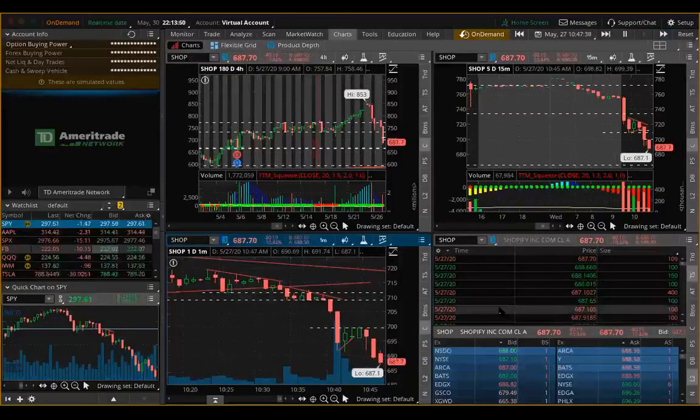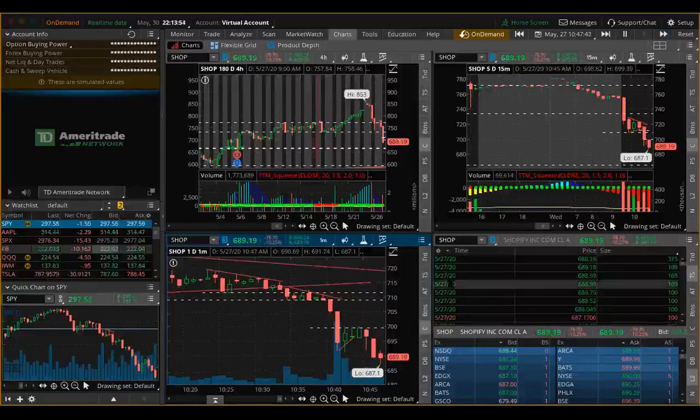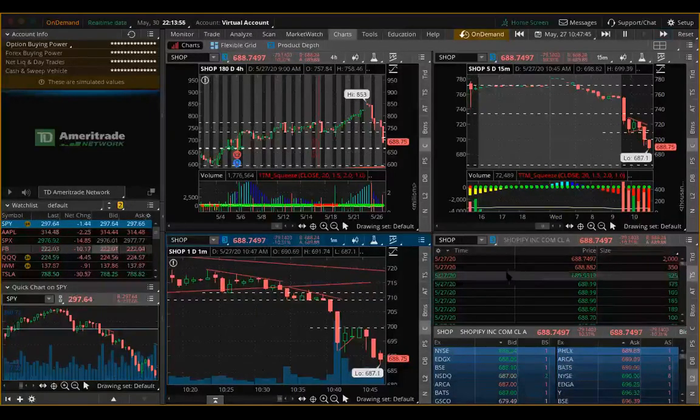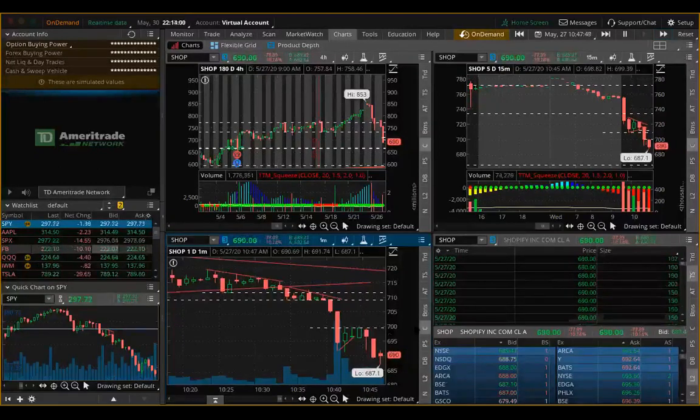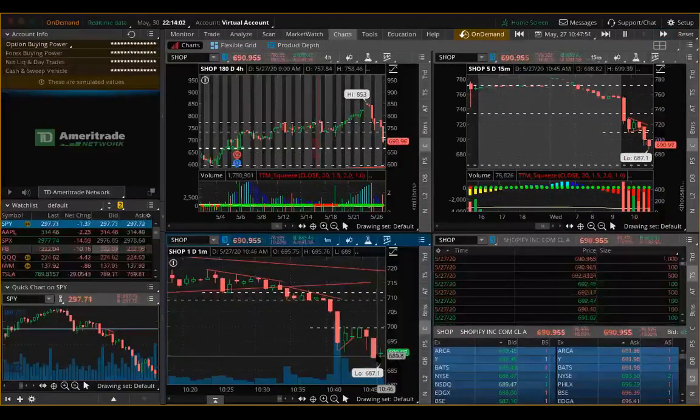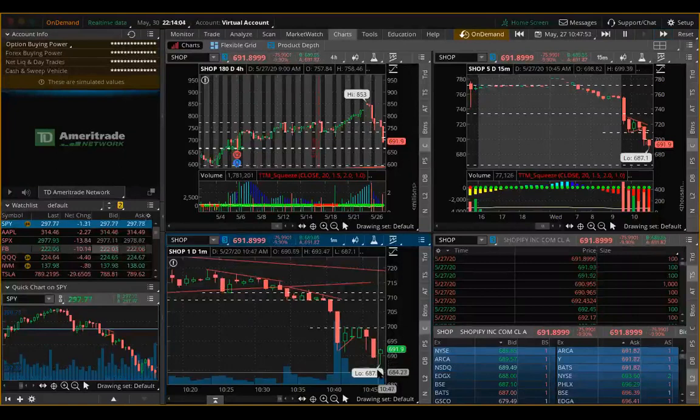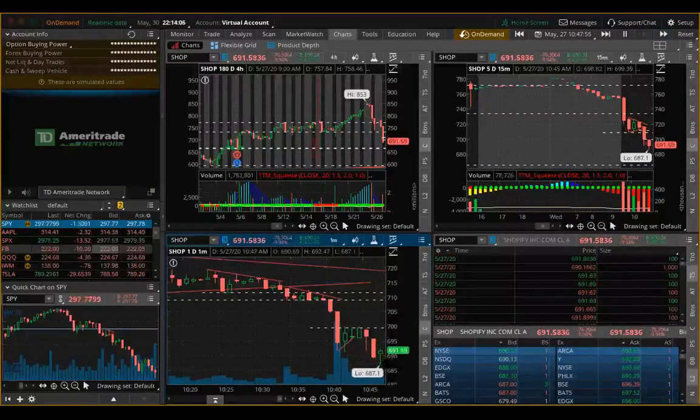So we have no reason to be out of this trade. This is how you let your winners run. That would have been a nice place to trim.